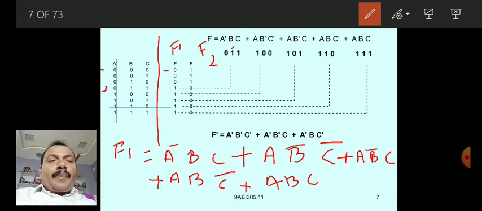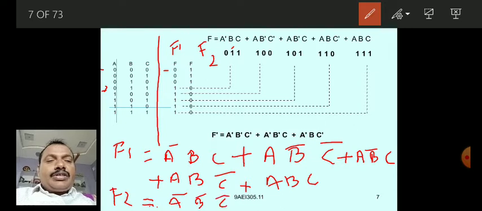For F2, you have to write similarly. For F2, where it is 1, for 000 it is 1. Hence A bar, B bar, C bar. Plus next, for 001, F2 equals 1.